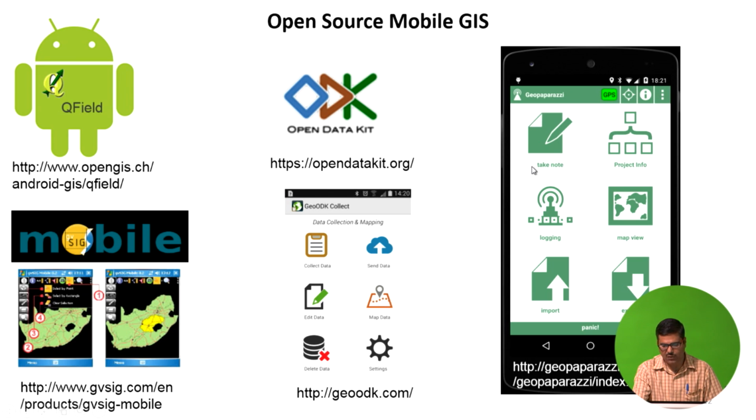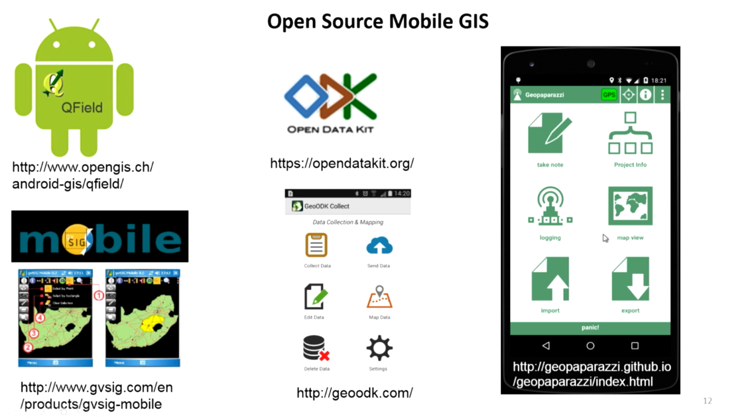Next, for the Android platform, we have Geo Paparazzi, which allows you to take geotagged notes. It also has a map viewer, you can save offline, and it allows GPS interactions. It also allows GPS tracks to be identified, and it allows import and export, all through this Android based Geo Paparazzi application.